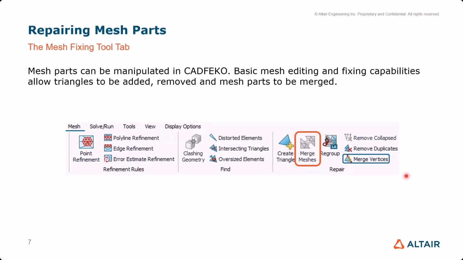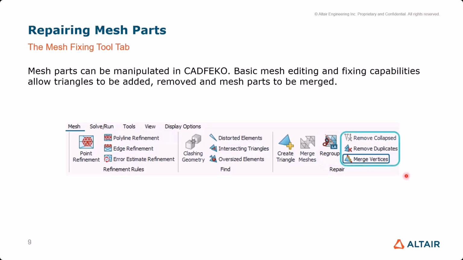It allows you to merge the separate mesh parts and to ensure that the elements of the two meshes are electrically connected, or it also helps to add edge ports between these meshes to account for that connectivity. There's also a grouping mesh part tool that can help if you have one mesh of a big model and you would like to split that mesh into multiple parts, or to regroup parts in a given mesh based on label definition.